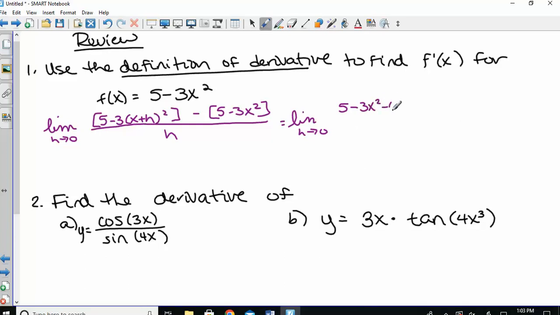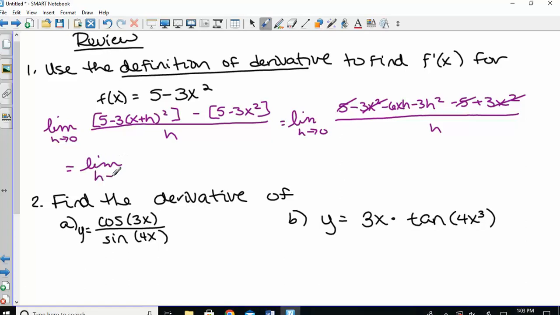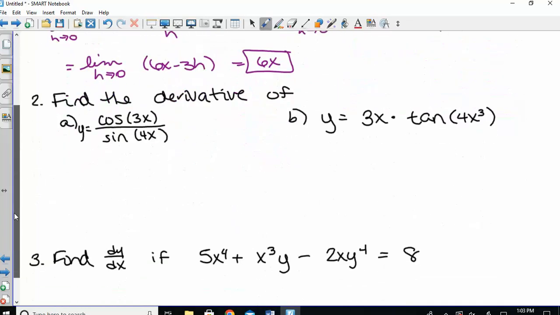Minus 3x squared minus 6xh minus 3h squared minus the 5 plus 3x squared over h. So the 5's cancel, the x squareds cancel. Everything that's left can be divided by h. Notice how I'm writing my limit. So we get 6x minus 3h. Then if you plug in a 0, you get 6x. All right, B, what do we have to do?